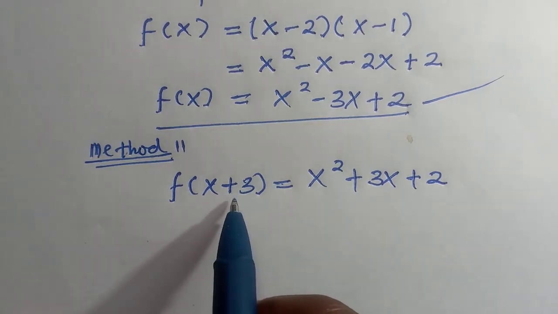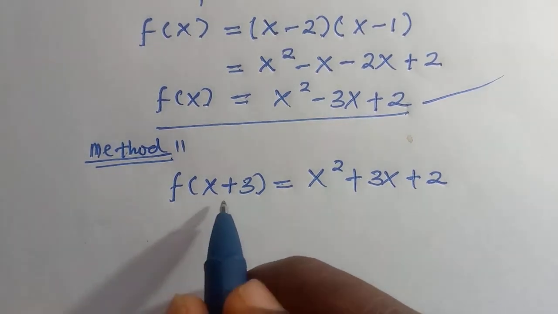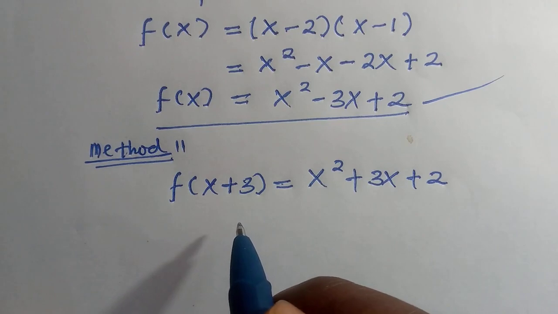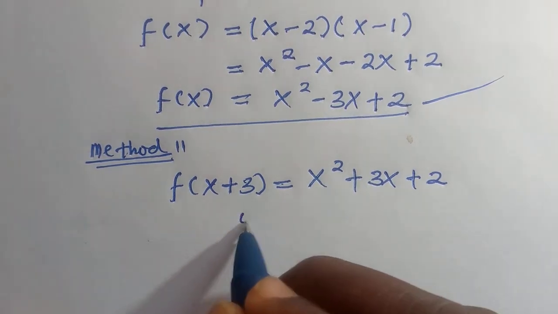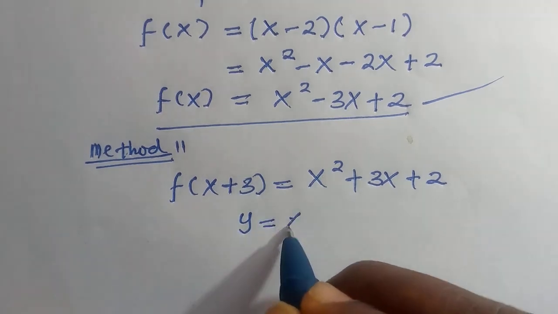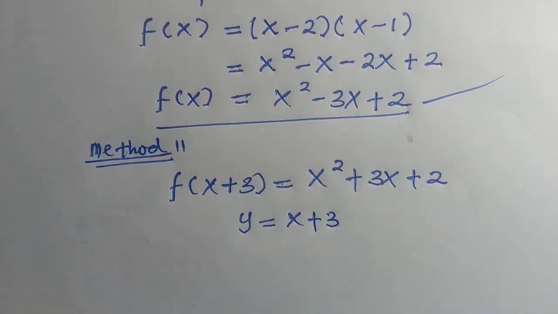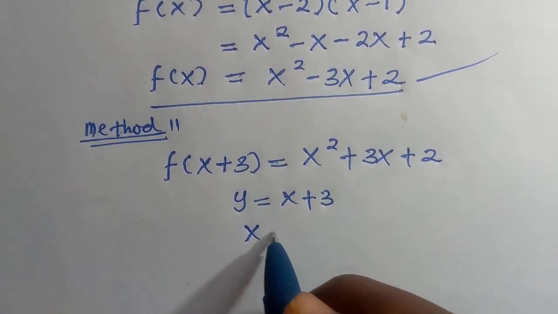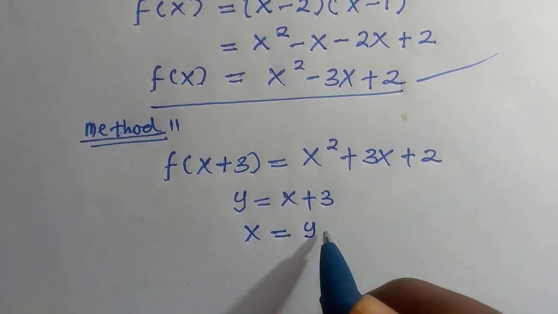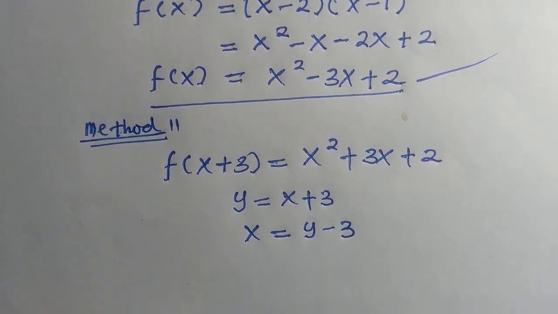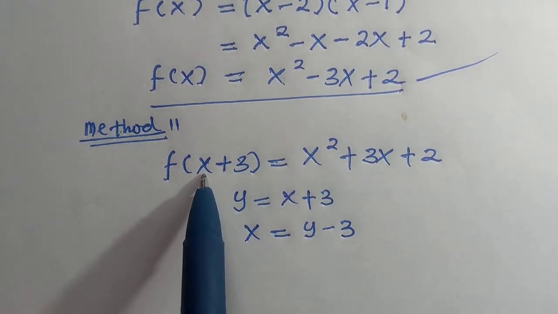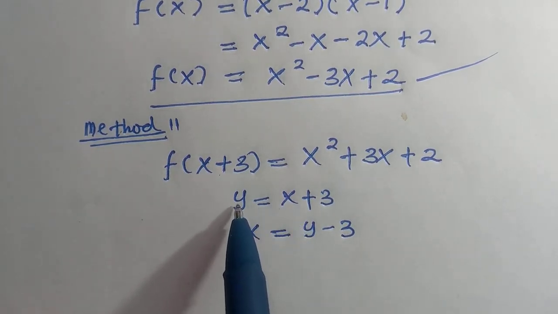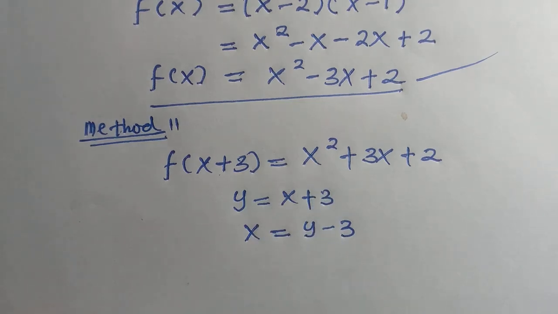From here, which is x plus 3, we are going to replace this x plus 3 with another letter, and let's say the letter is y equals x plus 3. By making x the subject of the formula, we have x equals y minus 3. So anywhere we see x plus 3, we replace it with y.